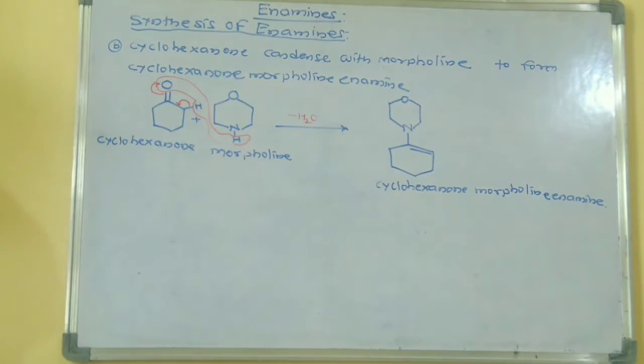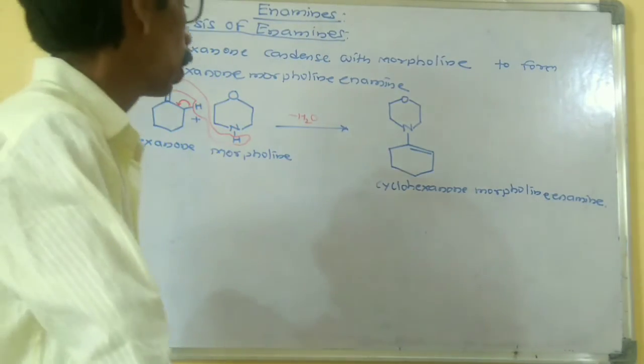So this is the second synthesis of cyclohexanone enamine. So these are the syntheses of enamine.